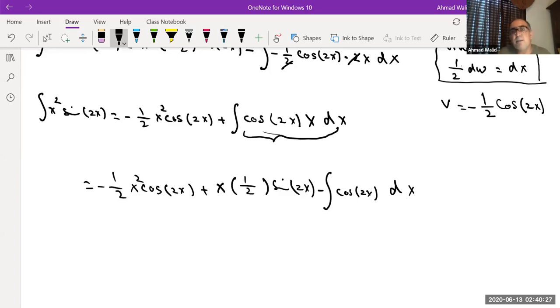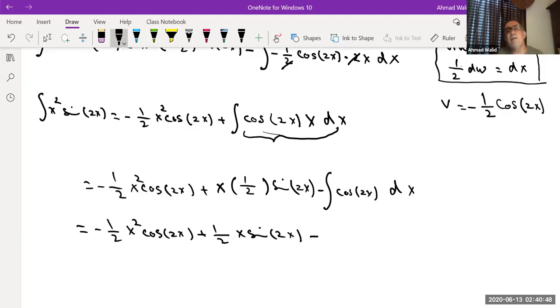Now, let's simplify. Then this one equals negative 1/2 x squared cosine 2x plus 1/2 of x sine 2x minus, what is the integral of cosine of 2x?